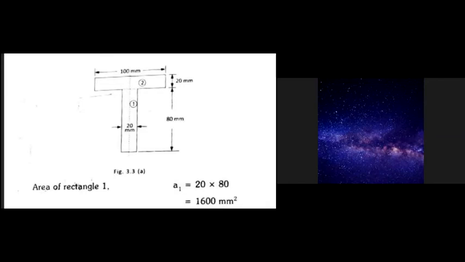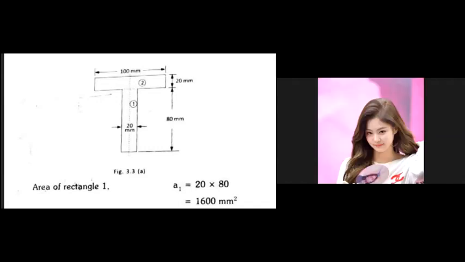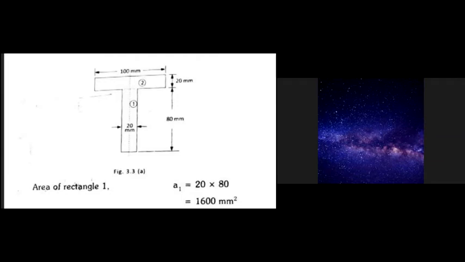Since it consists of only two parts, we have to find only y bar: y bar equals a1 y1 plus a2 y2 by a1 plus a2, where a1 and a2 are the areas of part A and part B, and y1 and y2 are the distances of the centroid of the component from its bottom.